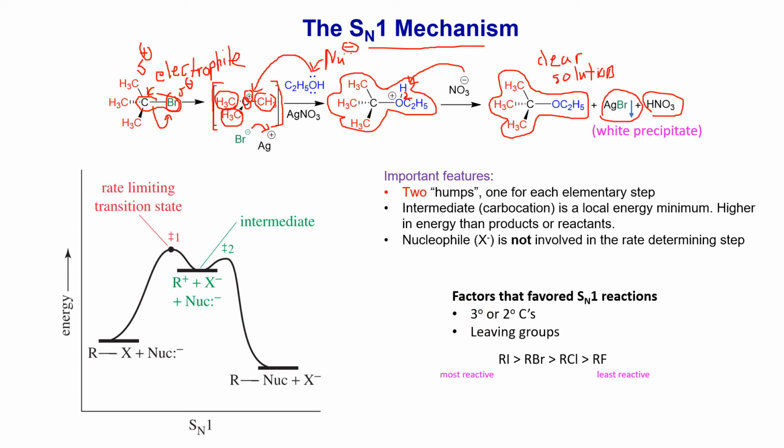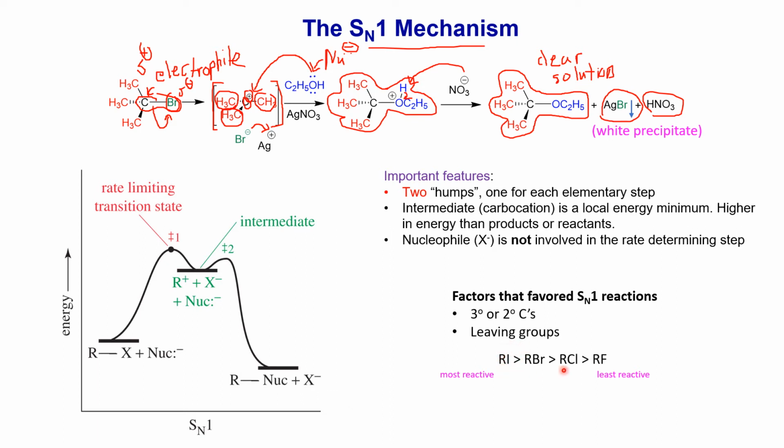Another thing to consider is the type of leaving group present in the alkyl halide. Okay, what type of leaving group is attached to this alkyl group right here? If you have alkyl iodide or alkyl bromide, they are more reactive compared to alkyl fluoride or alkyl chloride. Why is it more reactive? Well, because it is a weaker base, right?